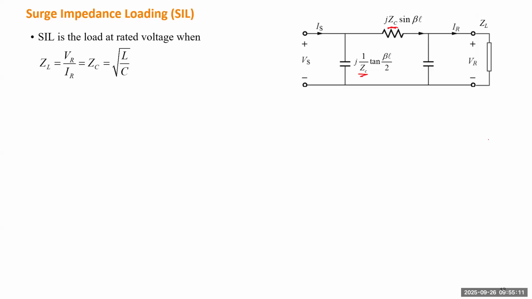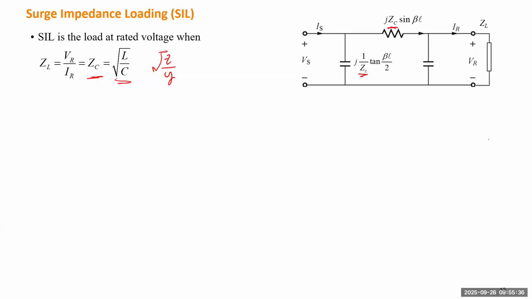Surge impedance load is simply defined as a load with load impedance equal to surge impedance. Because surge impedance itself is a complex number, but if we ignore the loss, we can use this formula to calculate. Okay, originally surge impedance is defined to be the square root of Z divided by Y, right?